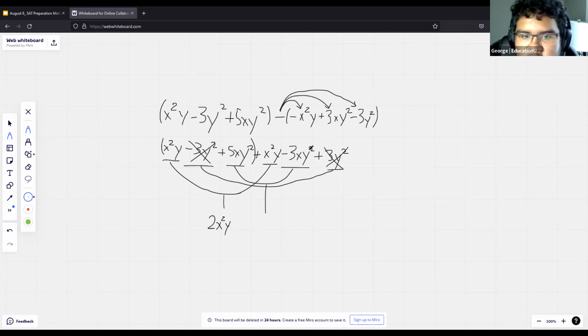It's basically just like 5 minus 3. And that's just 2. So you get 2xy squared. And this is the final simplified equation of all this: 2x squared times y plus 2x times y squared. Are there any questions about this and simplifying expressions like this?